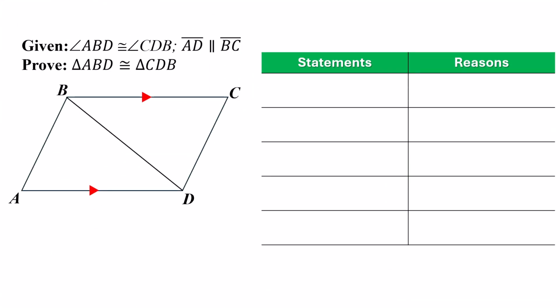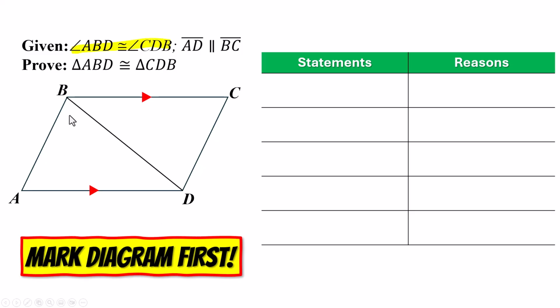Like right now, we're going to do the proof that goes with that diagram. Angle ABD is congruent to CDB, so let's mark those. Always mark your diagrams first, guys. All right, then what else do we know? Well, I got the shared side. I'm jumping ahead right here. I know I've got that side right here.